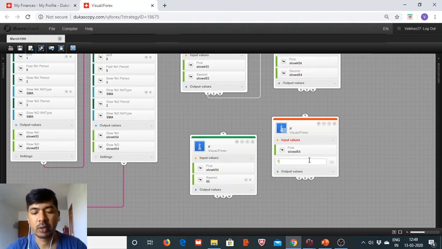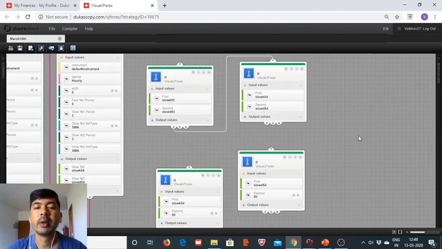For buy these were below 50, and for sell we want the values to be above 50.